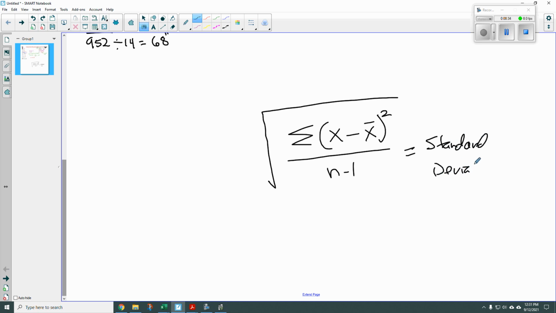And that is a measurement of how far away the data items are on average from the mean. Now, I know calling it on average isn't 100% technically correct, but I think it's a good way to think of it.